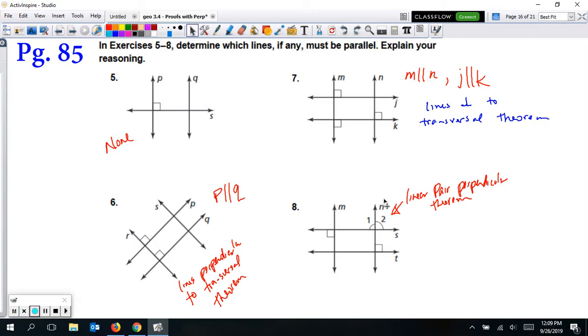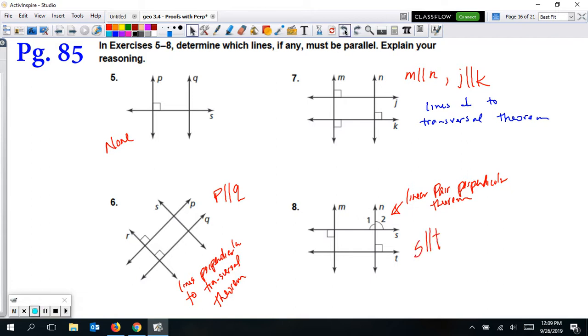And so because of that, now we can say, if you have N going through here, N is perpendicular to S, N is also perpendicular to T, so S and T have to be parallel. And also, if you think of S going this way, S is perpendicular to N here, and S is also perpendicular to M. So M is parallel to N as well.